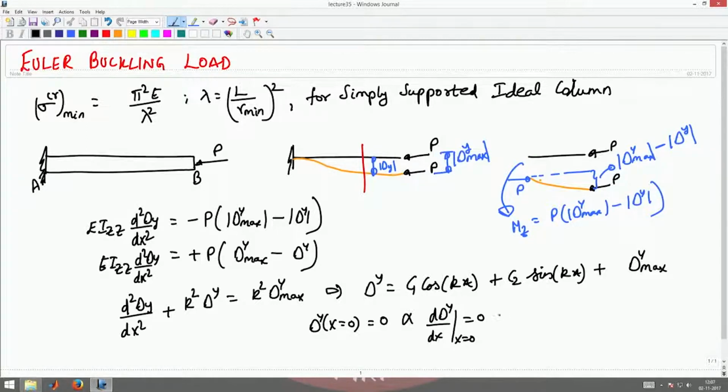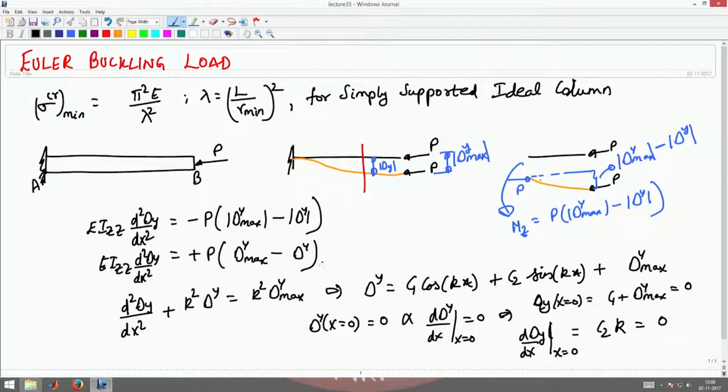Now k is not 0, because it depends upon the applied load, which is non-zero.